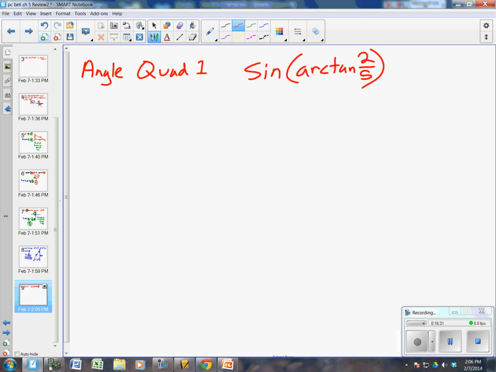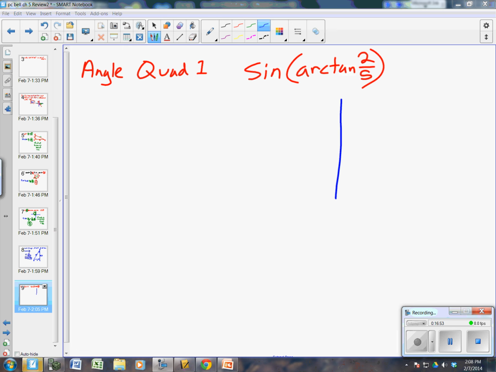And you are supposed to evaluate that expression. Okay? Remember, you need to set up a triangle, and you need to find the other side length of that triangle. And then you can find what you're looking for. Go. Okay. This one's a trickster.